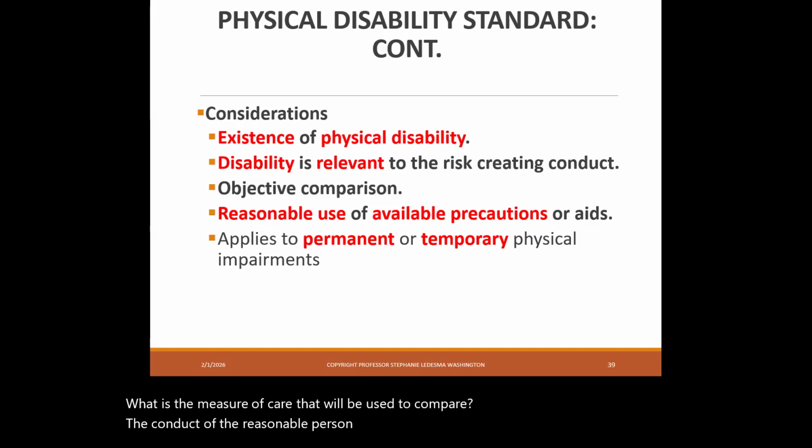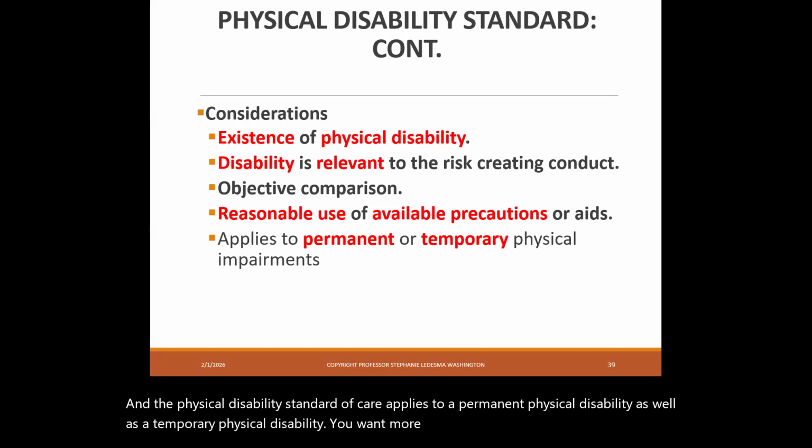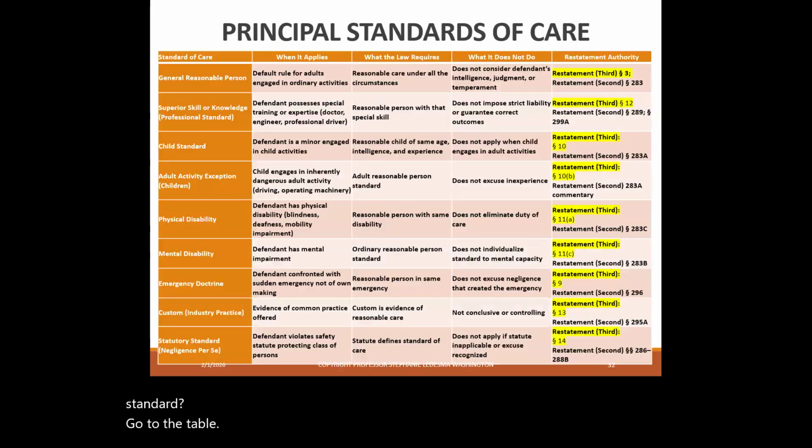The measure is the standard. And the physical disability standard of care applies to a permanent physical disability as well as a temporary physical disability. If you want more specifics about the physical disability standard, go to the table, look up the Restatements. Got it?